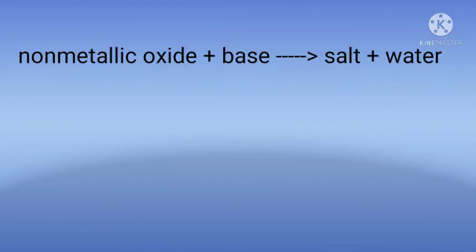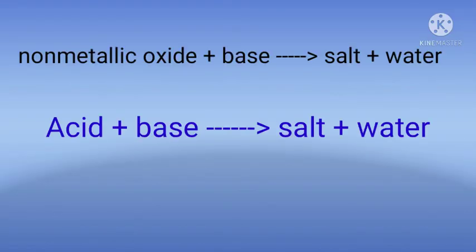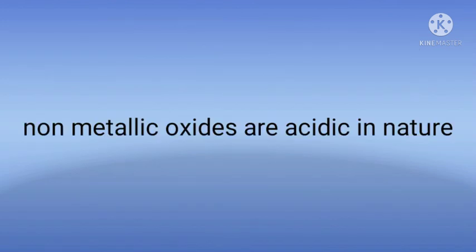This reaction is also just like the reaction between an acid and a base. So from these two equations, can you tell what the nature of these non-metallic oxides is? Yes, non-metallic oxides are acidic in nature. That is why when they react with a base, we get salt and water.